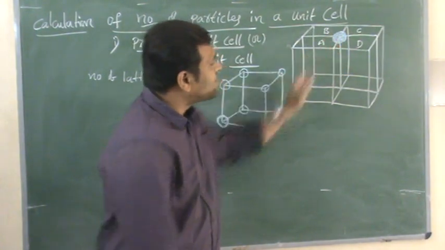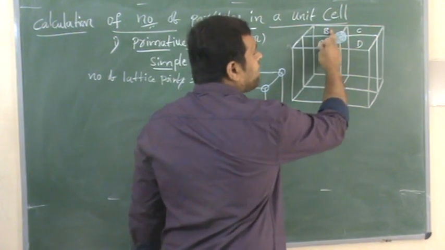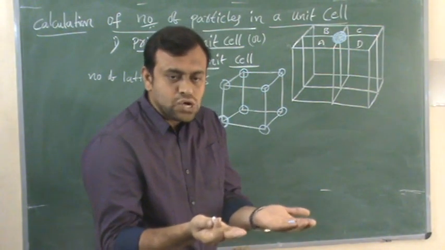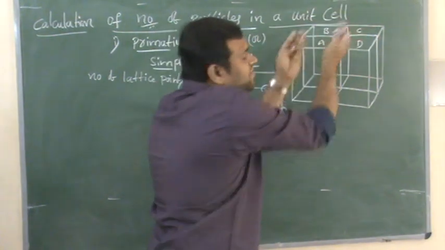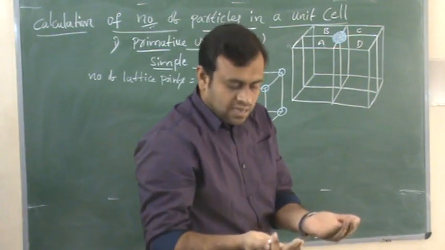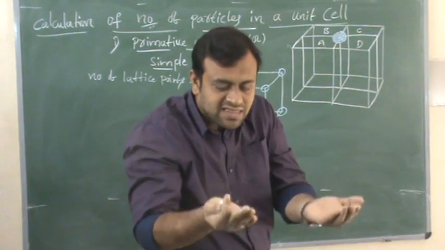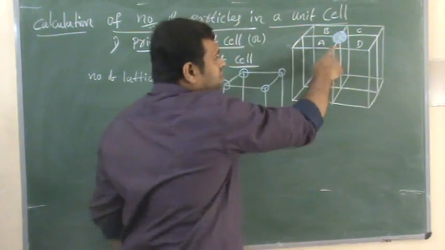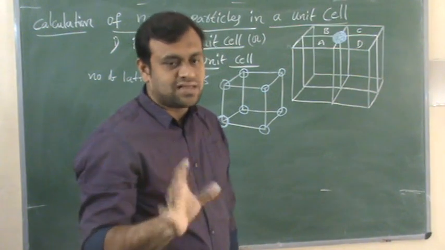The particle is present at the corner of A. It is shared by A, B, C, D. Likewise, if you assume the same crystal lattice is present on top of these 4 unit cells, then down 4 unit cells are there and up I am placing the same 4 unit cells on top of this. Then this particle is shared by how many unit cells? 8 unit cells. Is it correct?